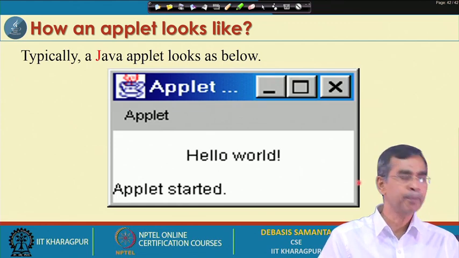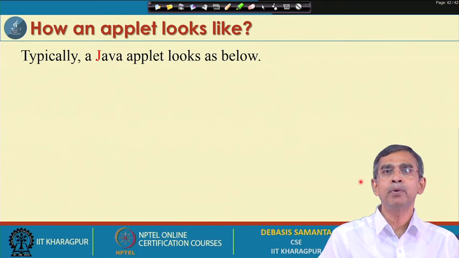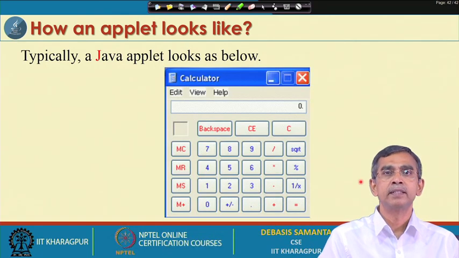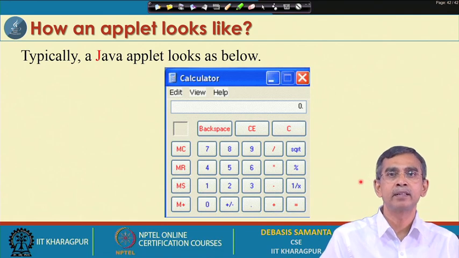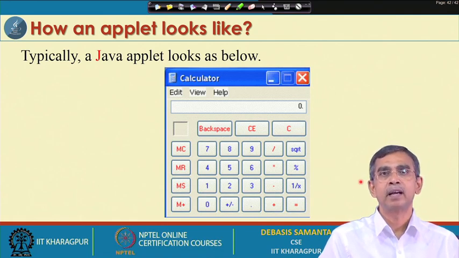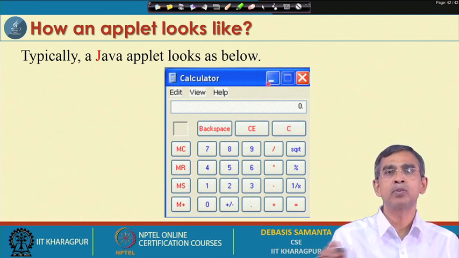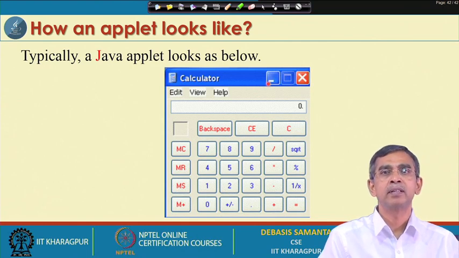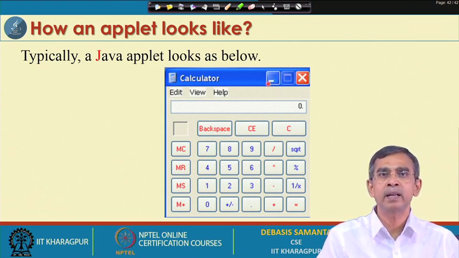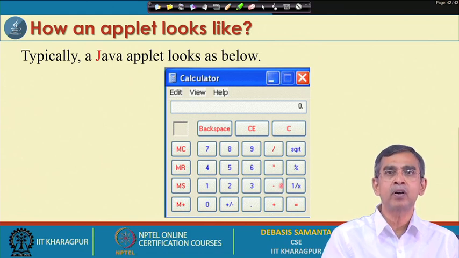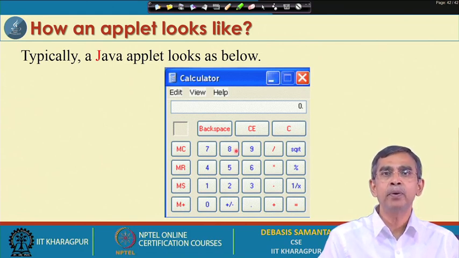There is another example of an applet, if you can see it. This is the look of a calculator, and it is also an applet. There are the close button, minimize button and maximize button, and this applet contains a number of components.